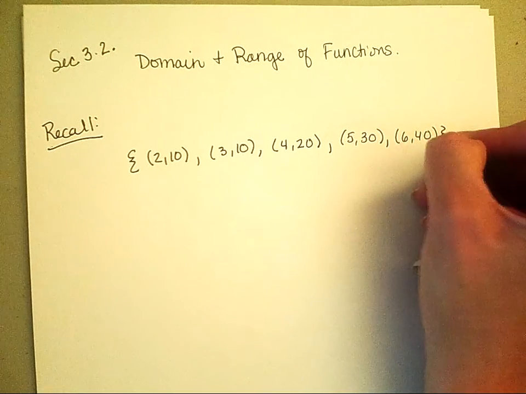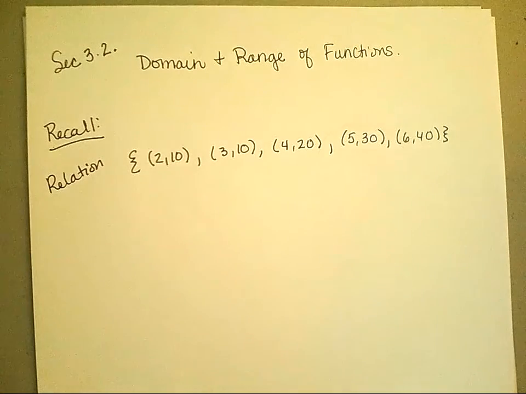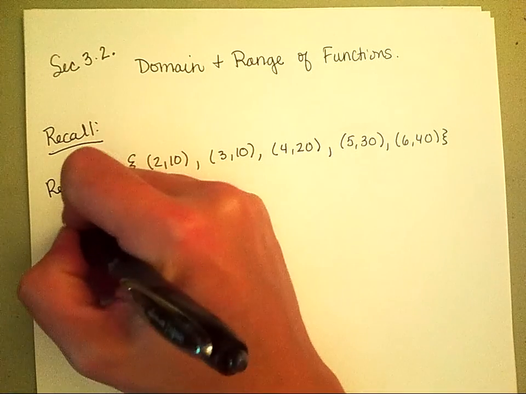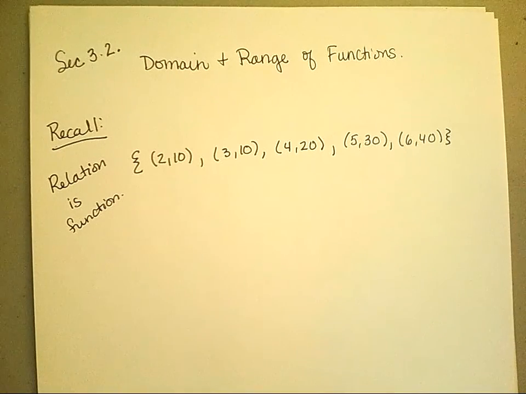So here's a relation. It is a set of ordered pairs. And in this one, it actually turns out it is a function. So now we ask ourselves, what is the domain of this function?